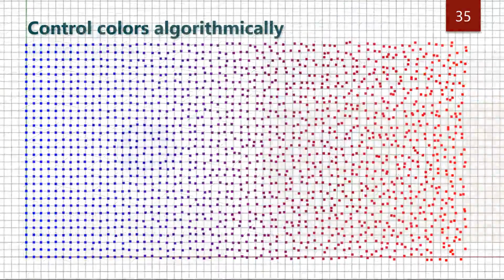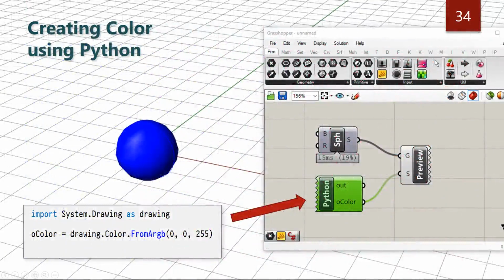Okay, so to create a single color, we use the command from ARGB, which is a function from the data type color, which lives inside the library system.drawing. So import system.drawing, and we give this library a nickname, drawing, and then we say drawing.color.from ARGB.